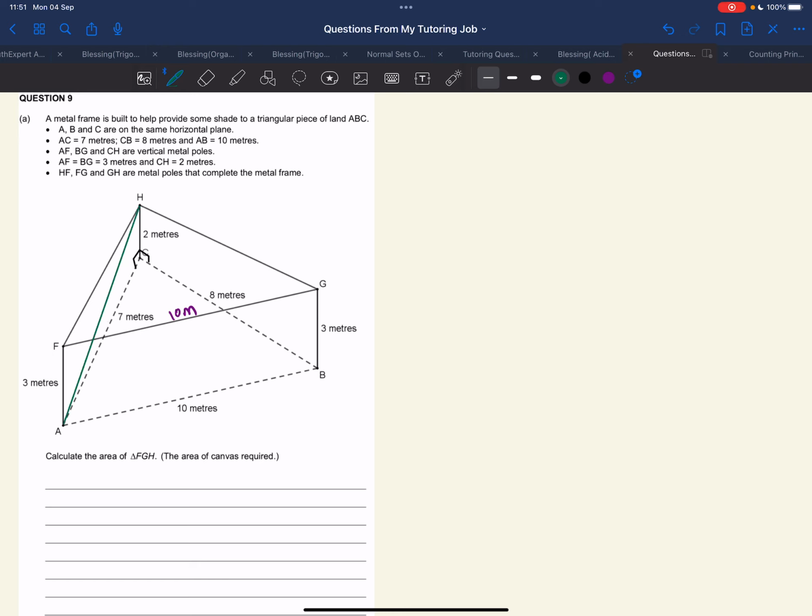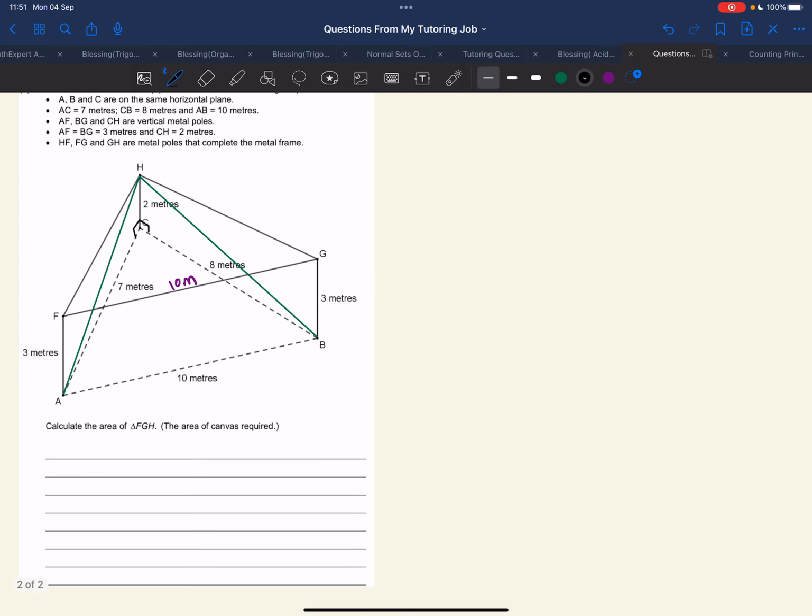And also a length of HB. So you also want to construct a length of HB. So I'm going to write the construction.